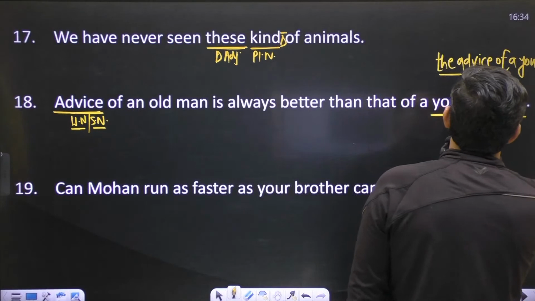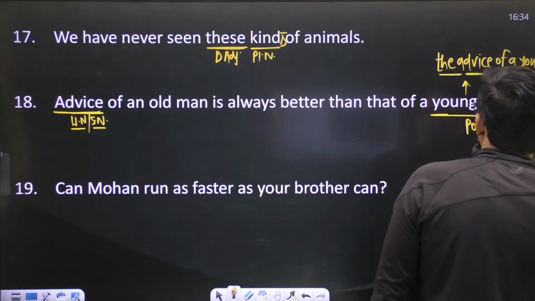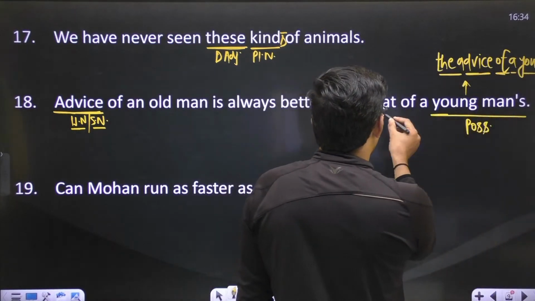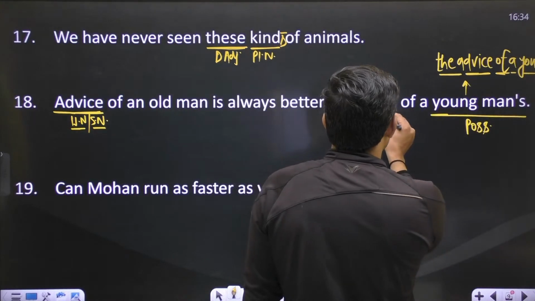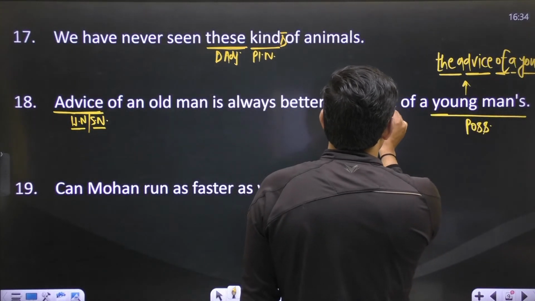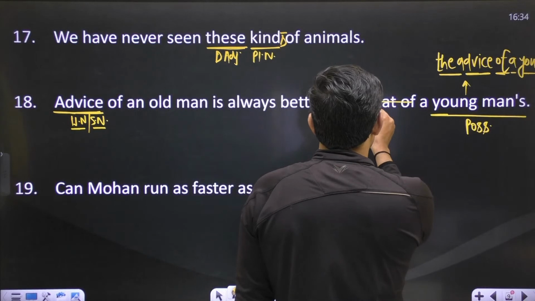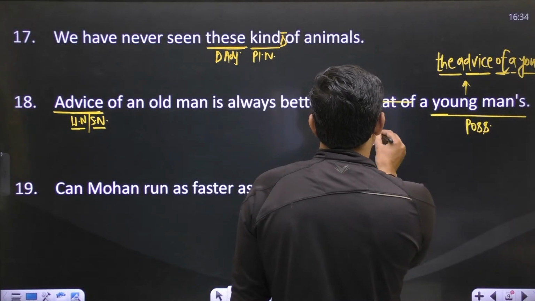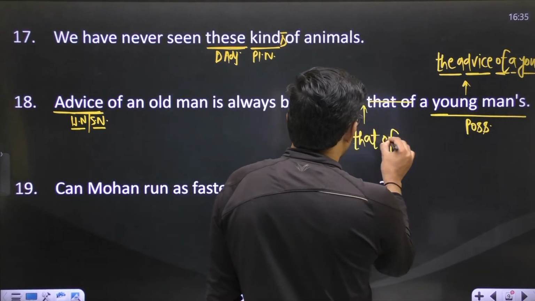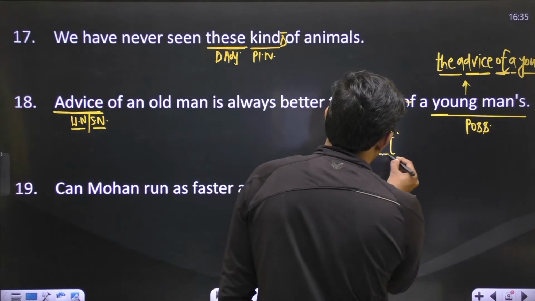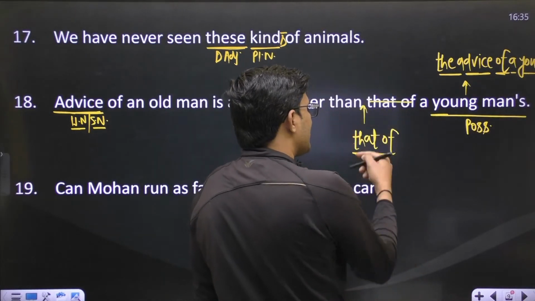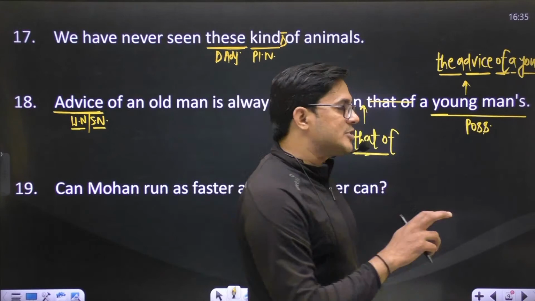Or if you want to apply that of, you can also speak like: than that of a young man. This word that of denotes the advice of. That of means it refers to advice. It is a demonstrative pronoun.